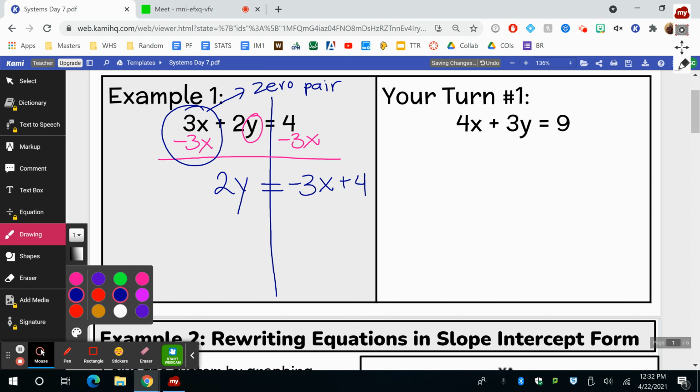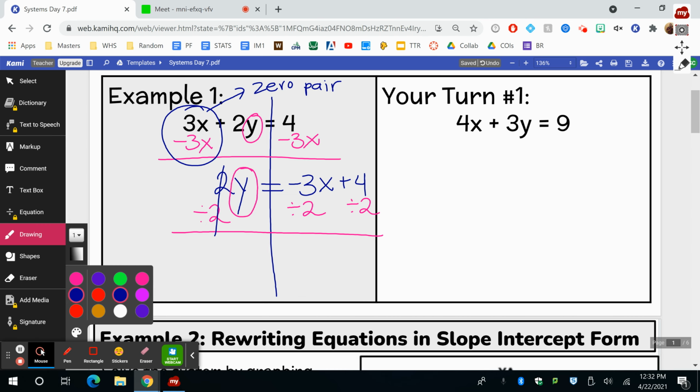Okay, I still don't have y by itself. I still need to get rid of the 2. So in order to do that, I'm going to divide everything by 2. Okay, so that gives me 1.